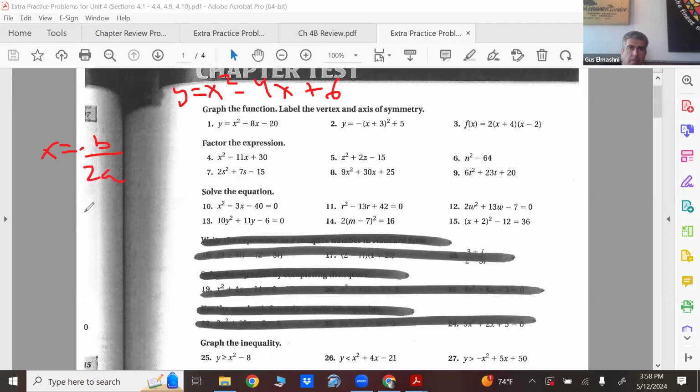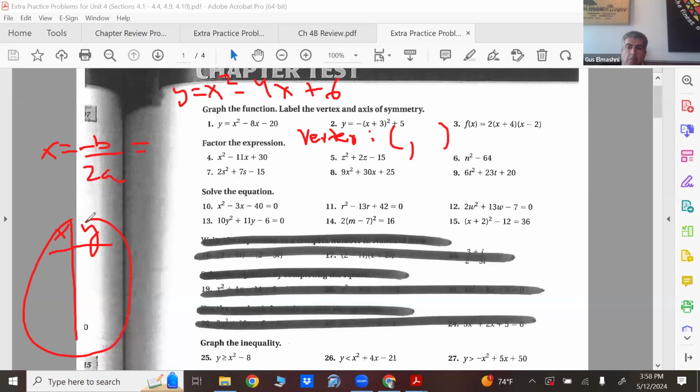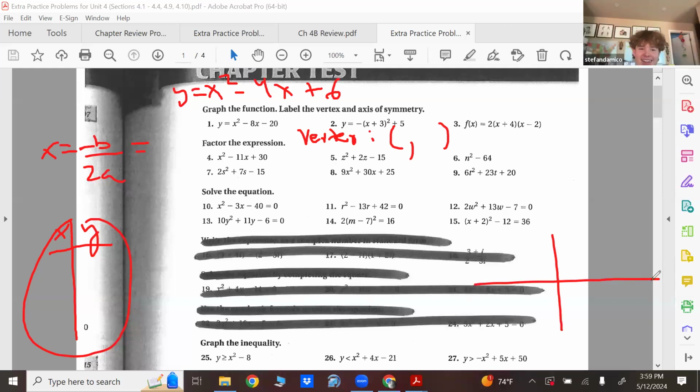What I'd like you to do is get a piece of paper, work this out, negative b over 2a, and find me the vertex. Then I want you to make a table, plug in 2 more points, and then plot on the graph here. Okay.